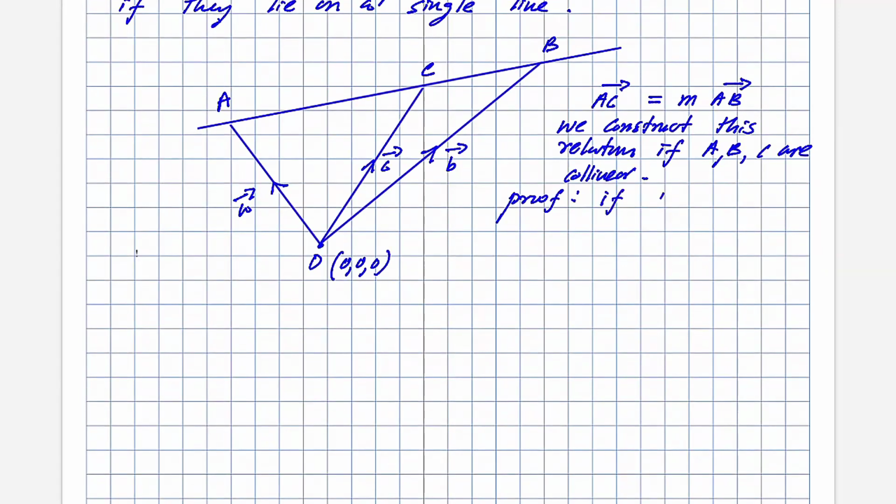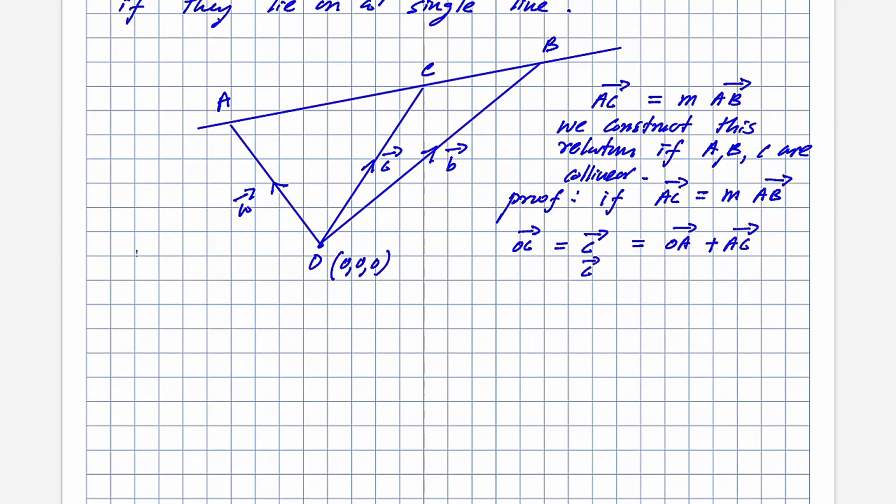So if AC is equal to M times AB, then C vector, which is OC, is nothing but OA plus AC.